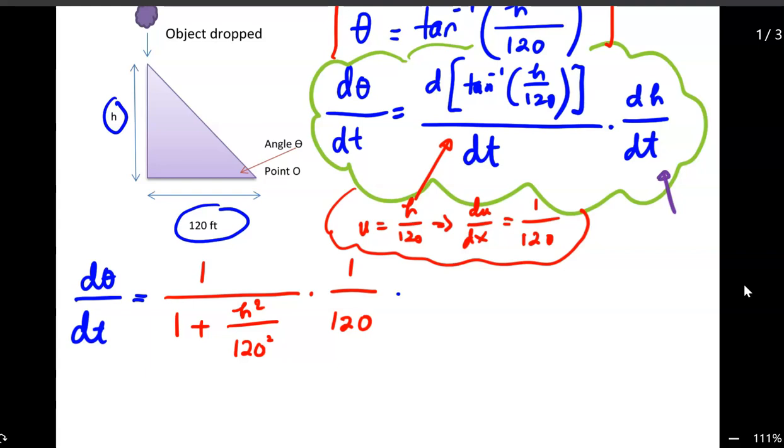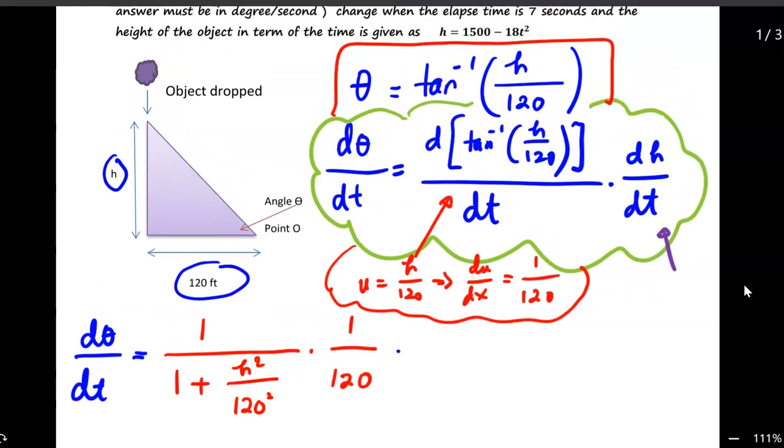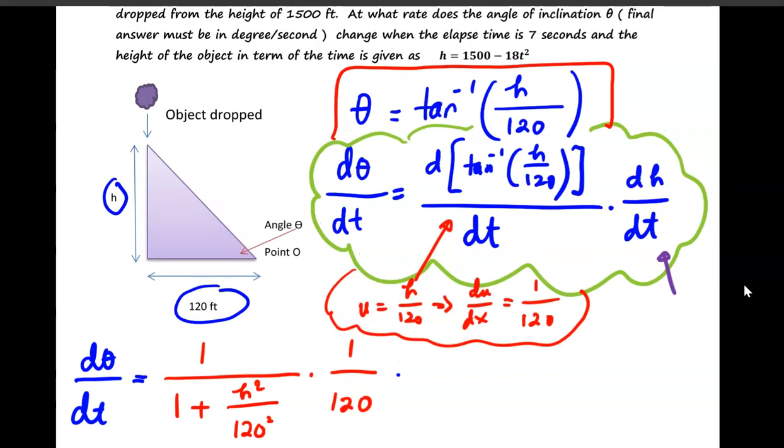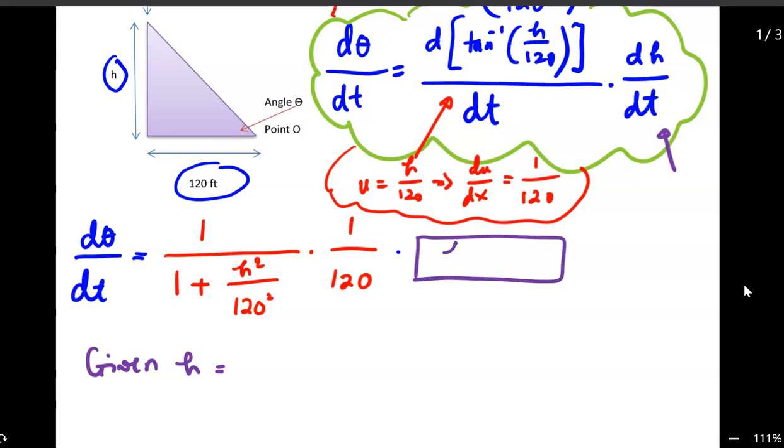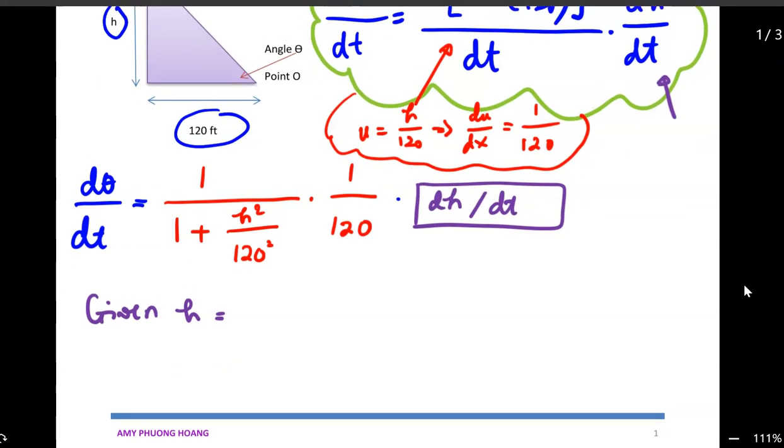Okay, so how do I find dh over dt? To find dh over dt, the equation is given to us. So this is the equation right here. Okay, so given h equal to, I will write it in here in a second. So dh over dt, I have to multiply by that as well, right?